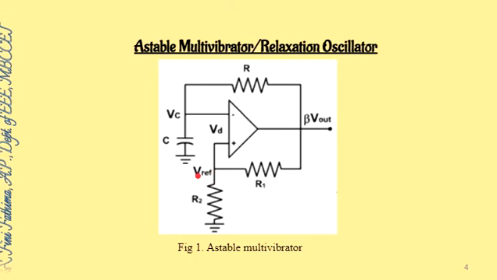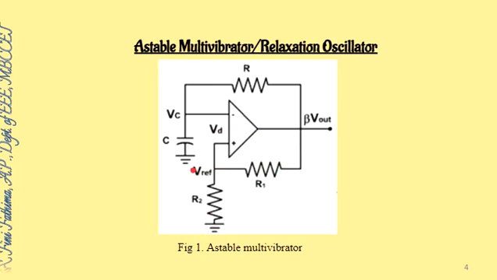According to the potential divider rule or voltage divider rule, V reference is equal to the source voltage, that is V out, into R2 divided by R1 plus R2. So V reference is equal to the voltage across this resistor, that is beta times V out, which is V out into R2 divided by R1 plus R2.